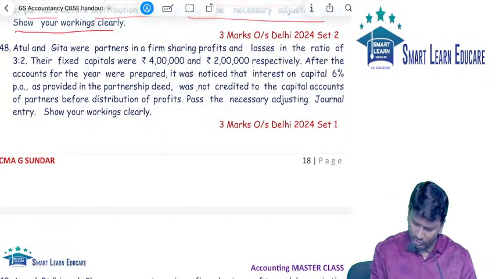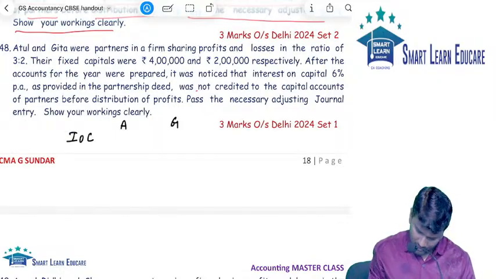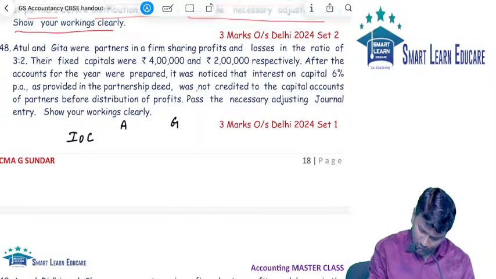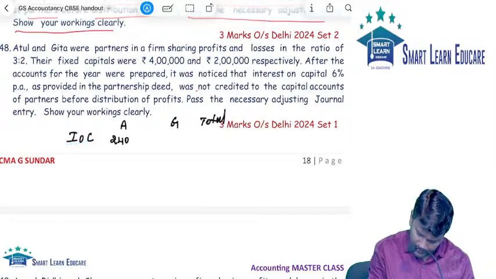Same as the last question. First, the computation table: interest on capital for A and G. What is the correct total interest on capital? 4 lakhs into 6% will give you 24,000, 2 lakhs into 6% will give you 12,000.